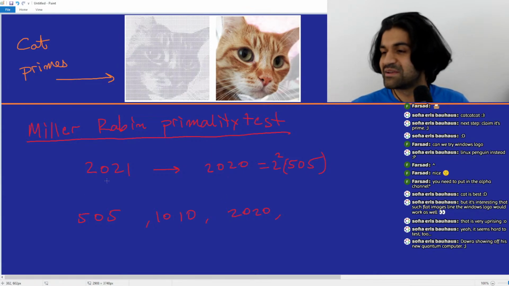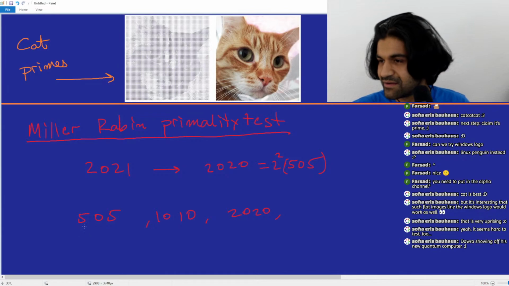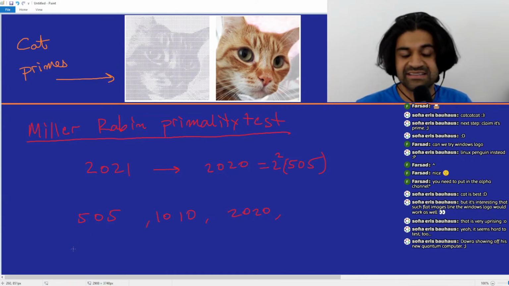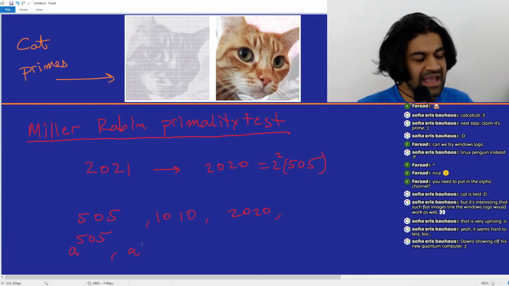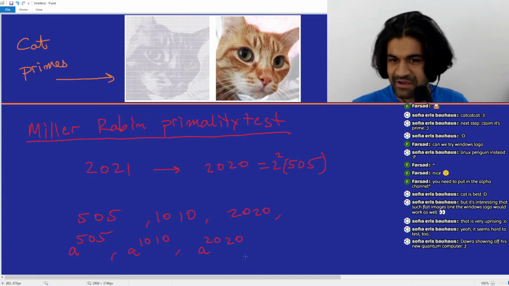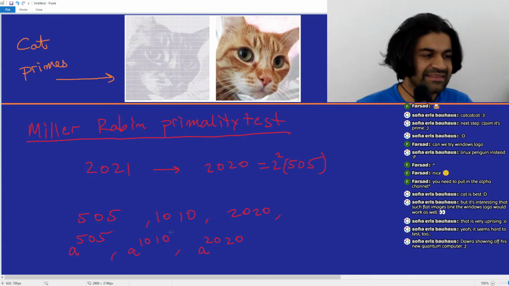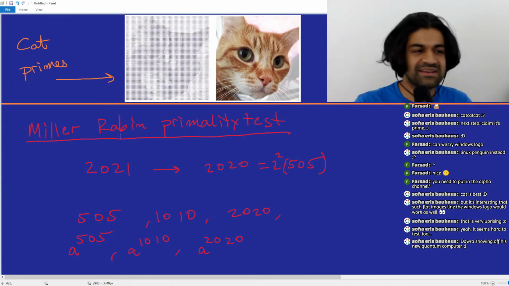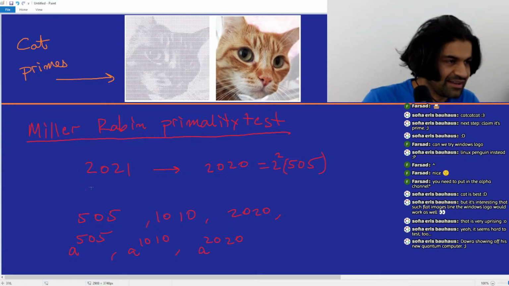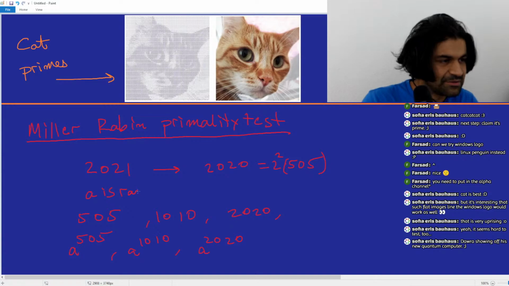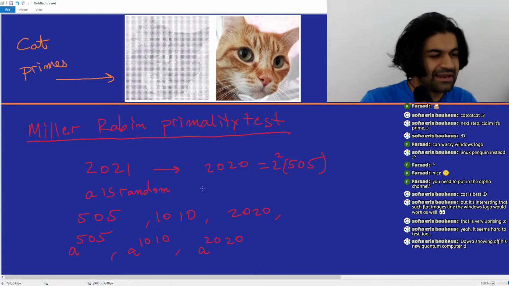So you will pick a random non-zero number A between 1 and 2020, and then we are going to look at A to the 505, A to the 1010, and A to the 2020.